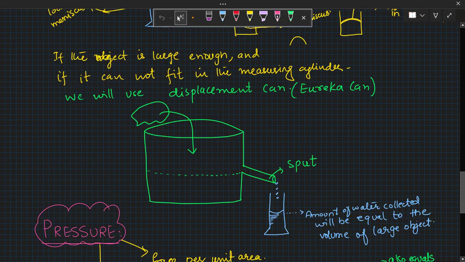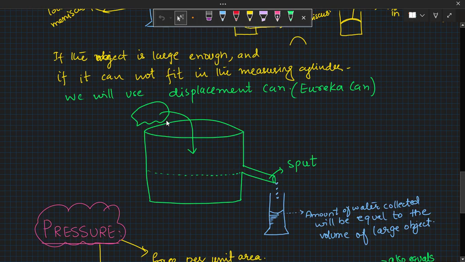Now, we also talked about what happens if the object cannot fit in the measuring cylinder. We have to use a displacement can, also known as a Eureka can, right? Clear? Now we link it with the measuring cylinder. We fill this Eureka can first, and wait until the water stops coming out from the outlet.